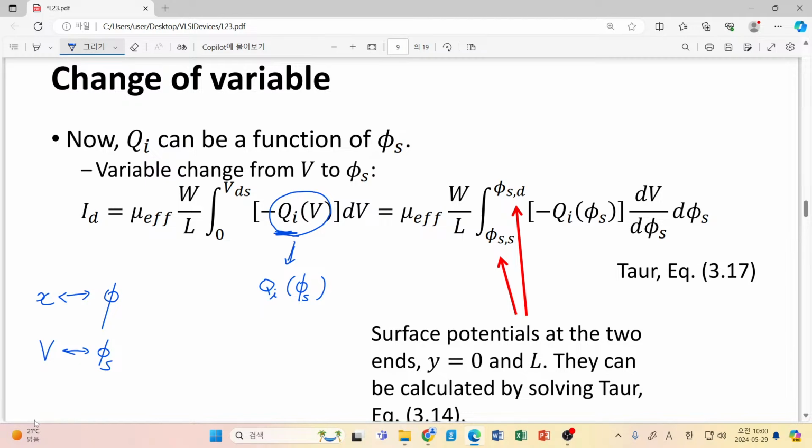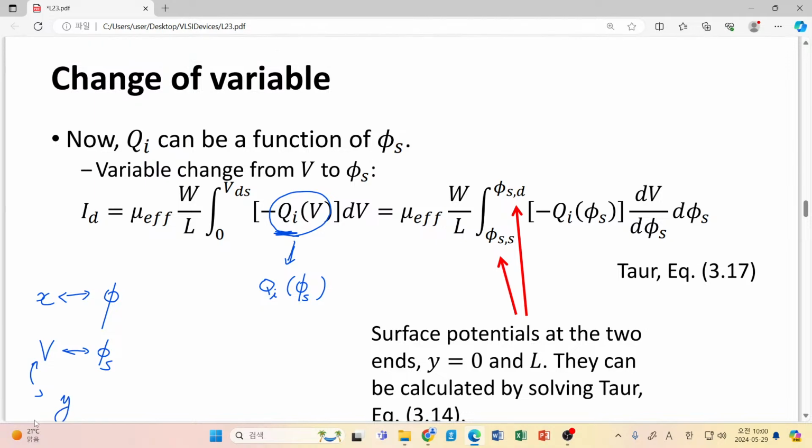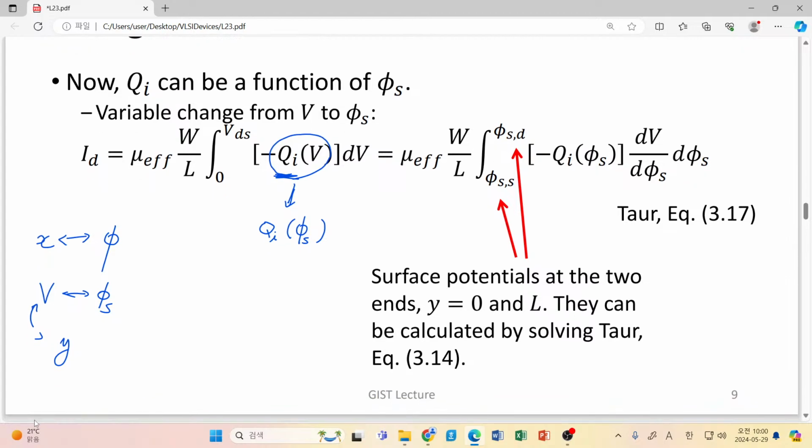But please note that our V value had a one-to-one correspondence not with the x position but with the y position. So please note that this phi and phi s are different. This phi is really a position-dependent quantity, and phi s is nothing but phi evaluated at x equal to 0.